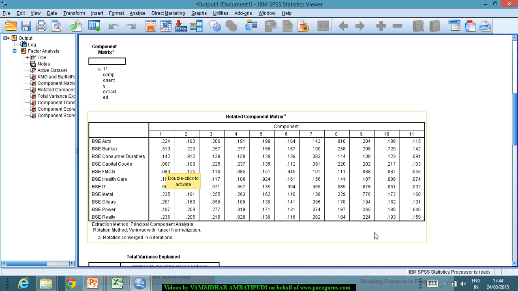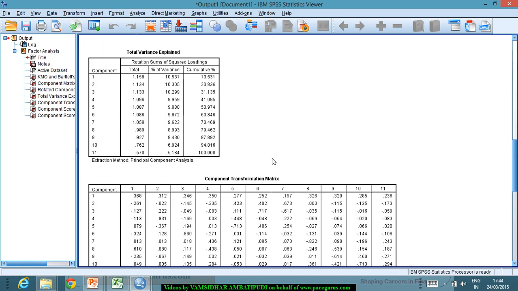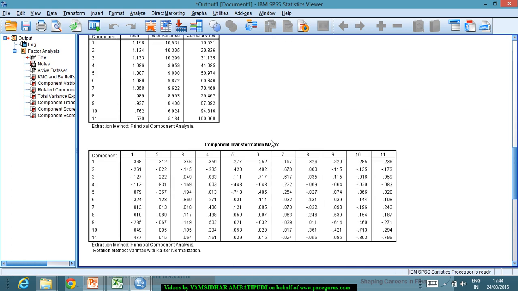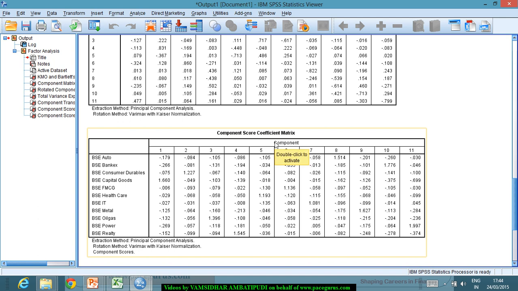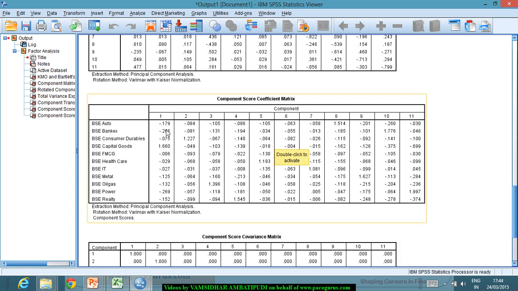Now using these numbers, I could see the component score. These are the calculations that are typically being done to arrive at each of the components. Capital goods is having a very high value in the first.